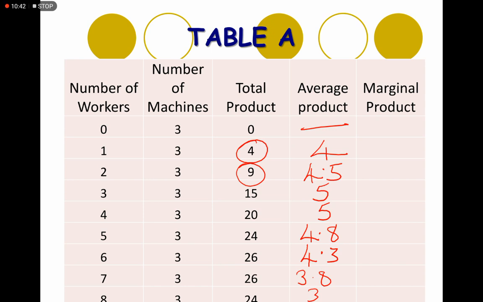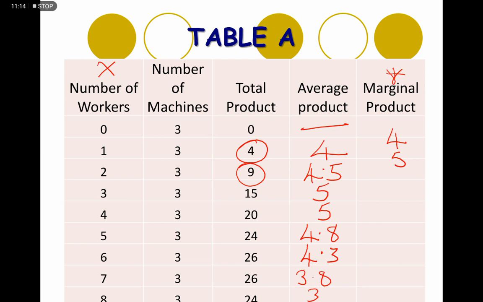Now that is what sets the marginal product here. The marginal is the change in total. It's written between our number of workers. So from 0 workers making 0, we had 1 worker who makes 4. So the total has increased by 4. Now you note where I'm putting this. It's on the line between 0 and 1 for workers. This would be the x-axis. Okay, then the second worker has increased output by 5.